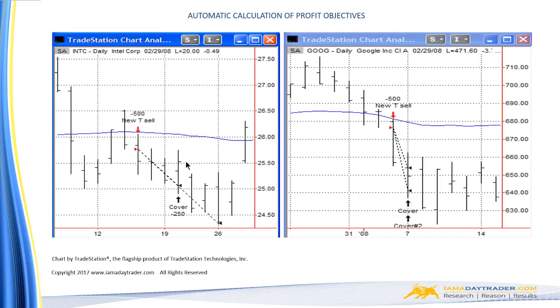So in this particular case, I'm using the ability to put a profit objective based upon average to range of this particular stock. So I can use the same entry, same strategy, exit the same way, but it's based upon average to range rather than price from our entry levels.